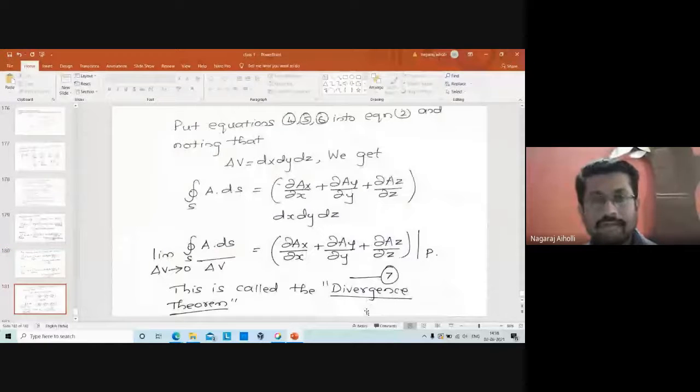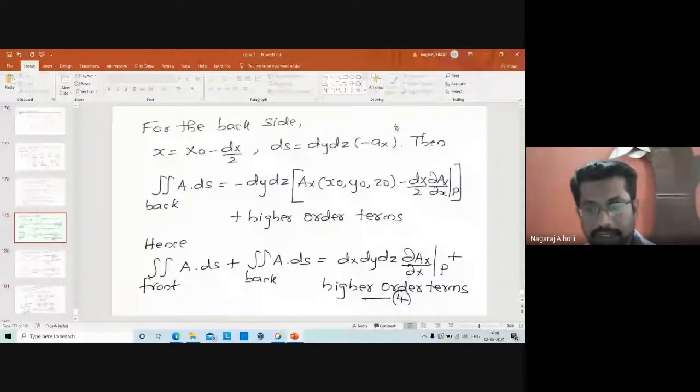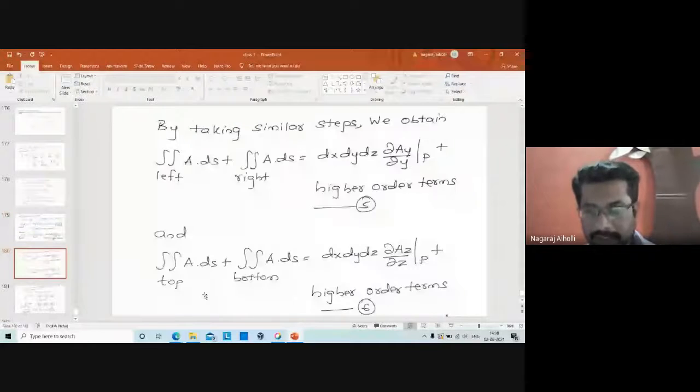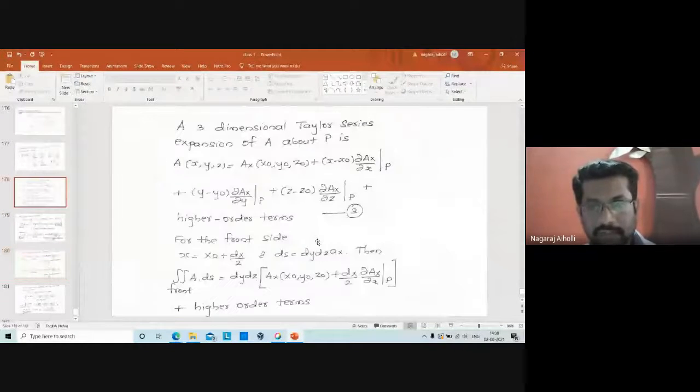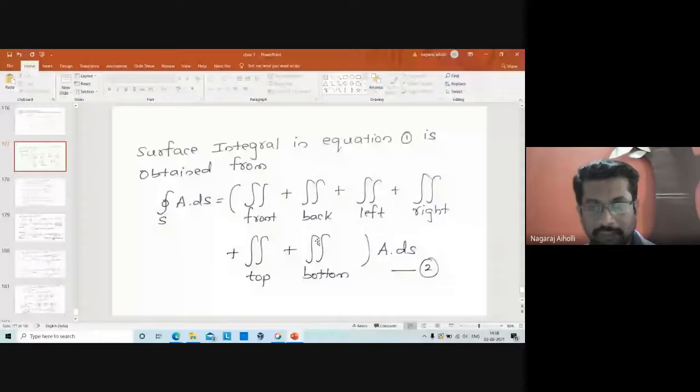Now if I put equations 4, 5, 6 into equation 2, whatever we have got for front and back, then left and right, top and bottom, if I substitute them in equation 2, what is our equation 2, students? This is our main equation, correct? If I substitute them, then what will happen? Let us check that.